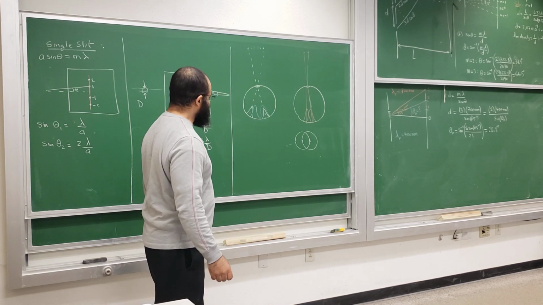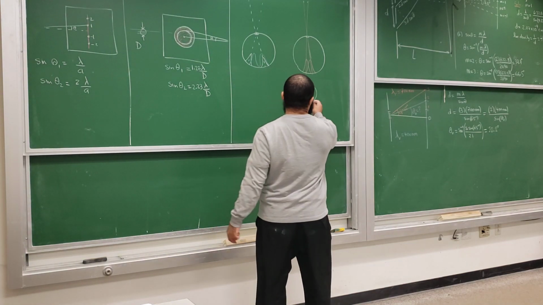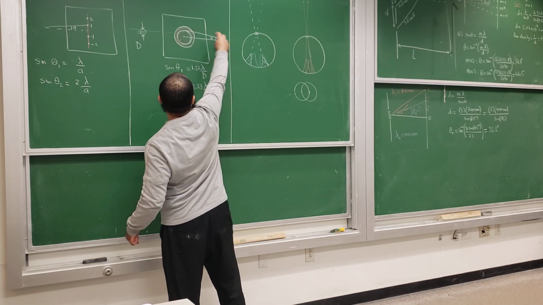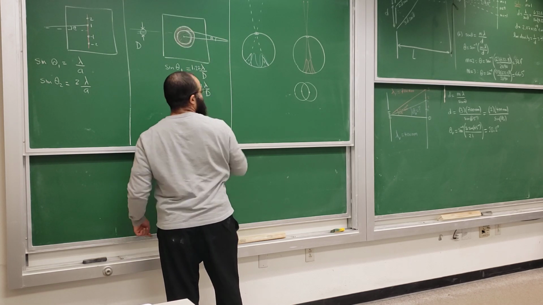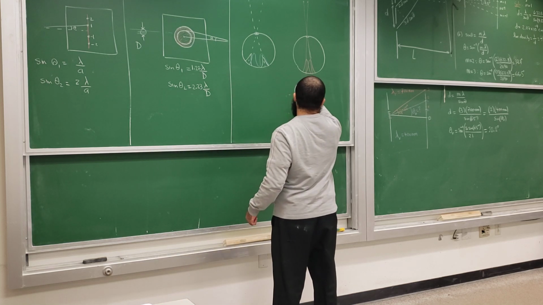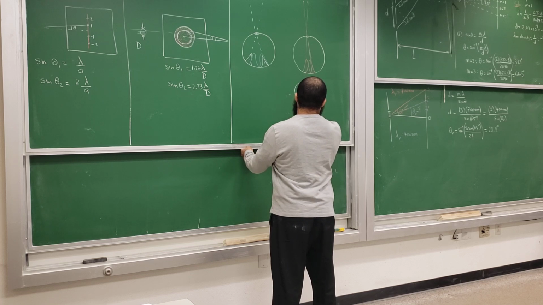So when does that happen? At what angle? We know the angle from the center here to the first dark is given by 1.22 lambda over d, right? So from the center to the dark, this is theta.